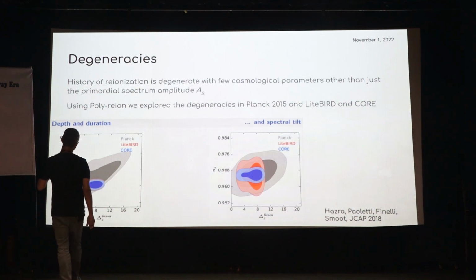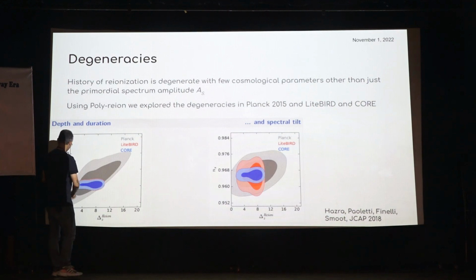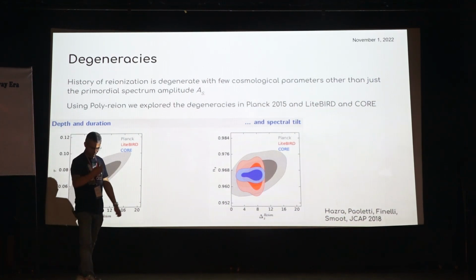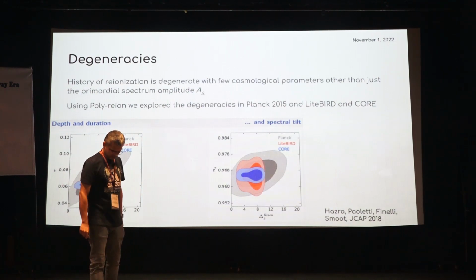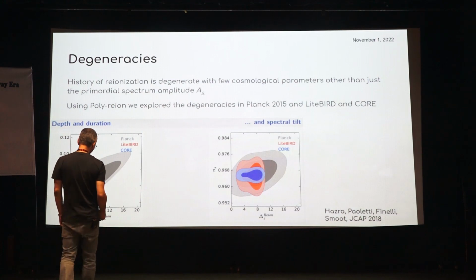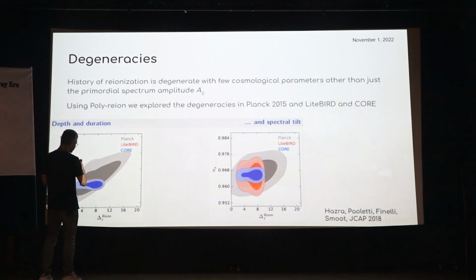Of course, you can understand that delta z reionization is going to be degenerate with tau: the more the redshift of reionization, you keep on integrating and you get a higher value of optical depth, but it is not in all the cases because the XE as well plays a big role, which comes in the C_l^EE power spectrum.